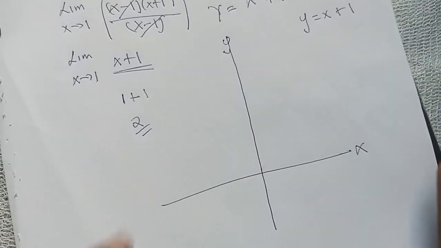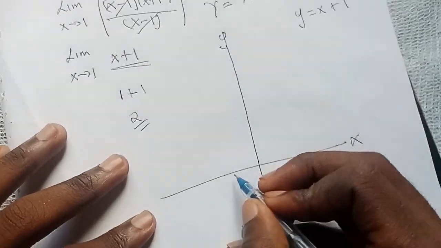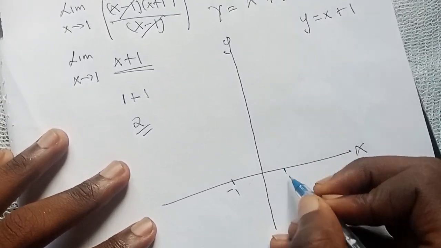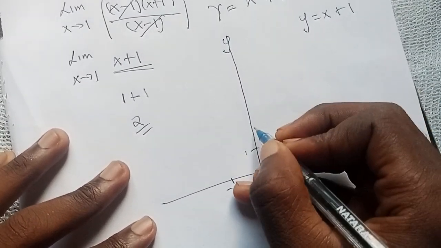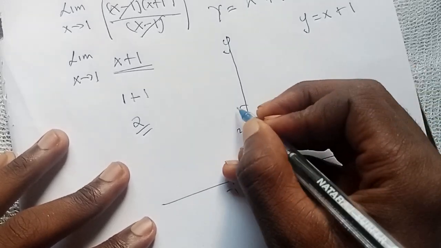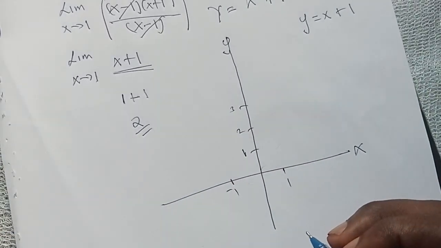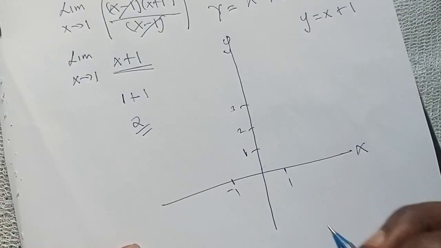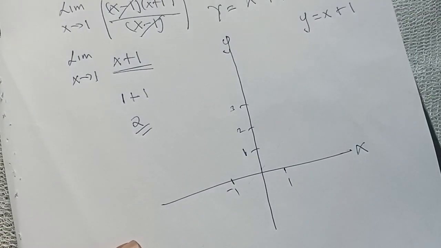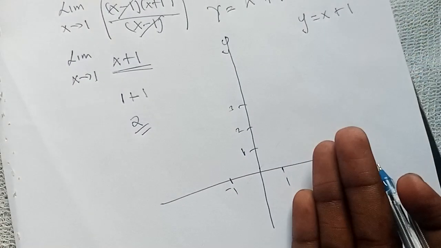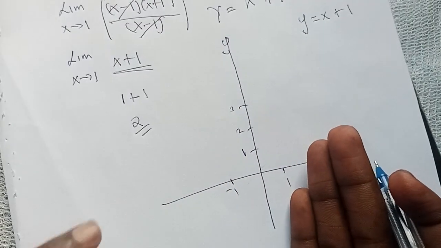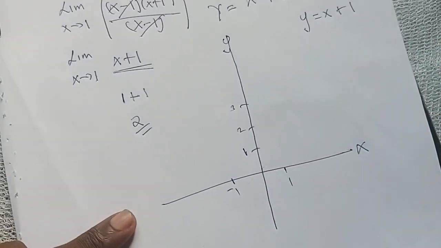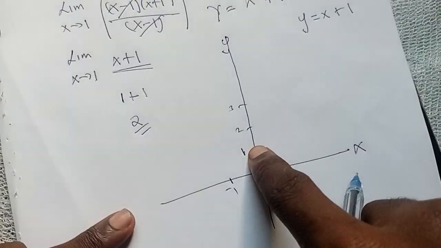So if this is negative 1, this is 1, negative 1, 1, 2, 3, like that, it has shifted to negative 1, and the y-intercept cuts at 1.